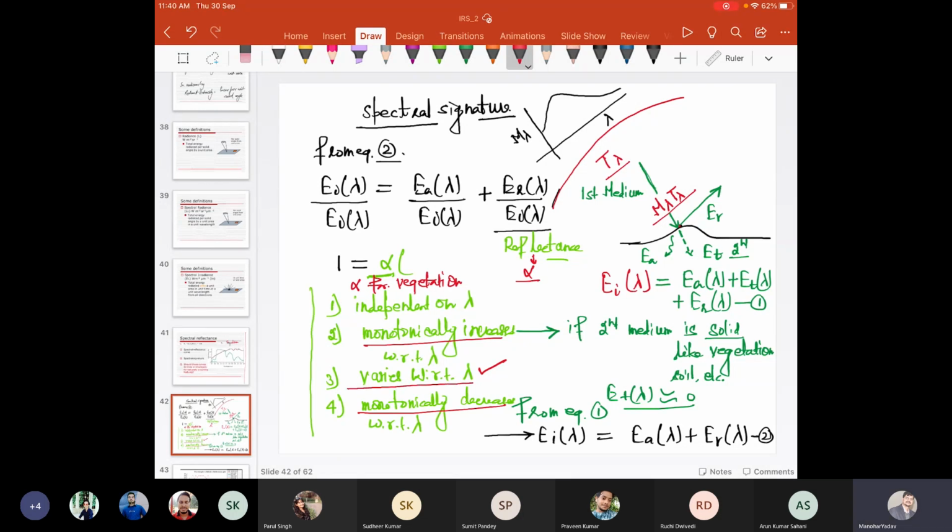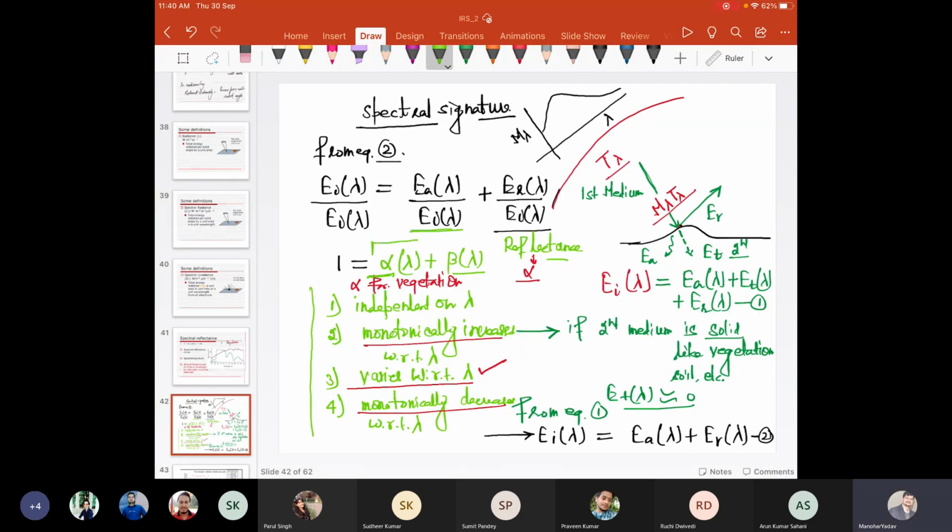Alpha varies with respect to wavelength. So what should I write over here? Then I should write respect to lambda plus this is the absorptance. So for absorptance, I use the symbol beta. So beta is a function of wavelength.